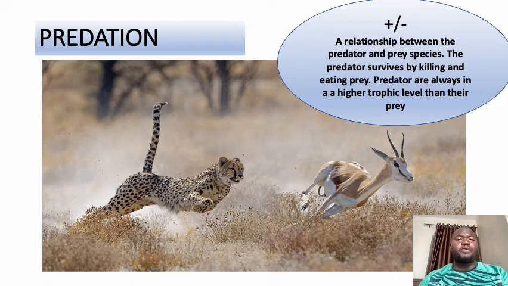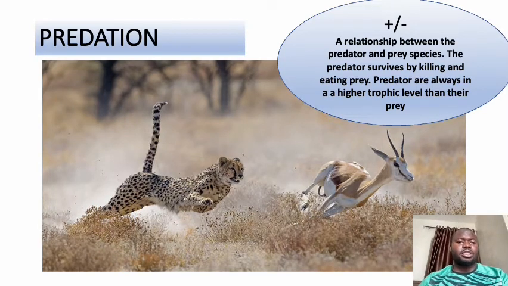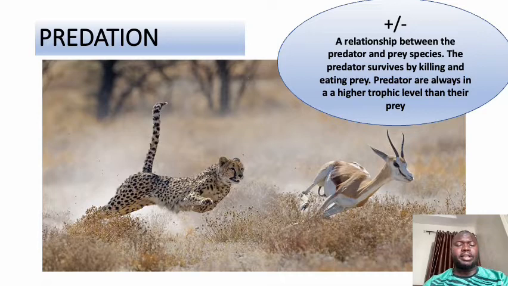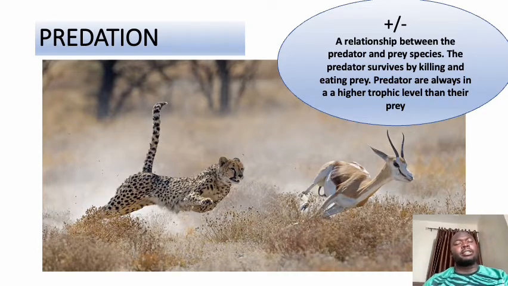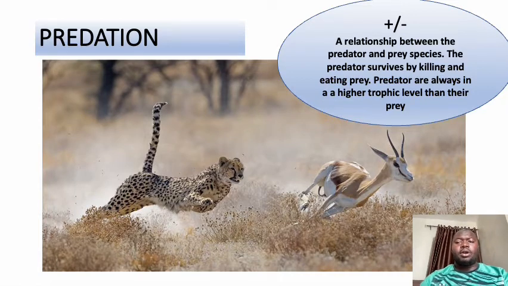So let's look at the first interaction, which is predation. Okay, so predation is the relationship between two organisms where one benefits and one is harmed. Now, predation is when one species, which is called the predator, eats all or part of the body of another species, which is called the prey.